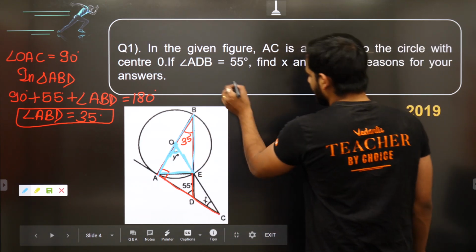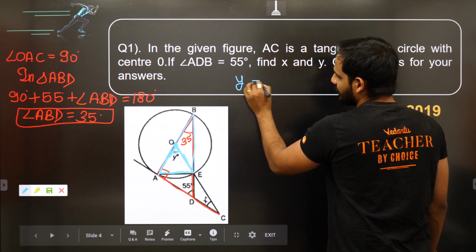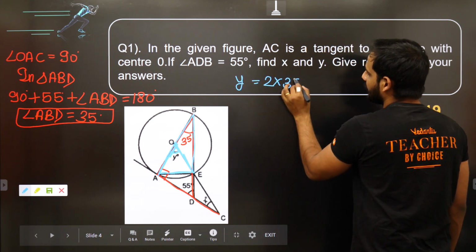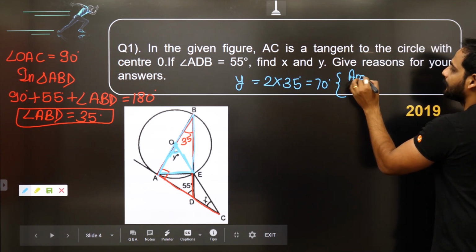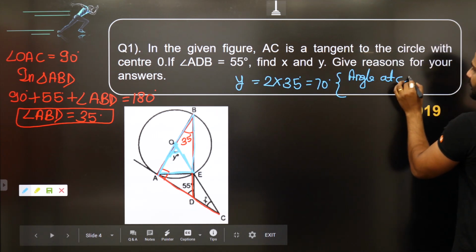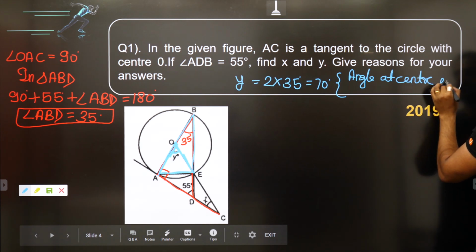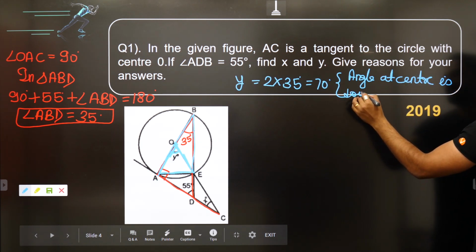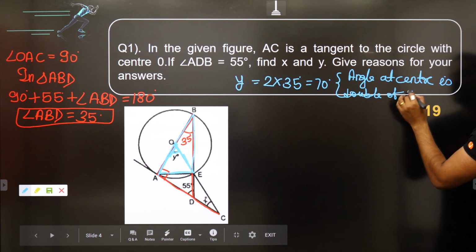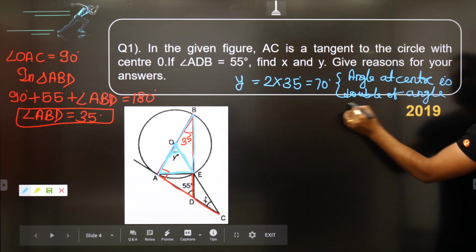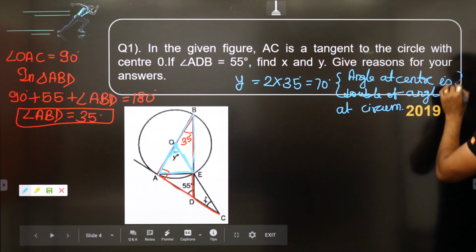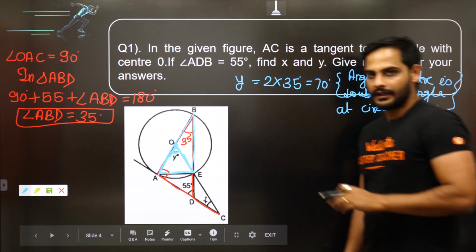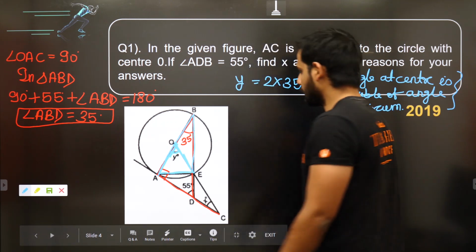So Y should be equal to twice 35 degrees, which means 70 degrees. The reason is: angle at center is double the angle at circumference. As simple as that. The Y value we have got is 70 degrees.